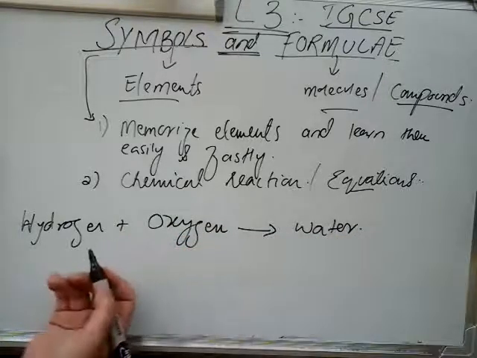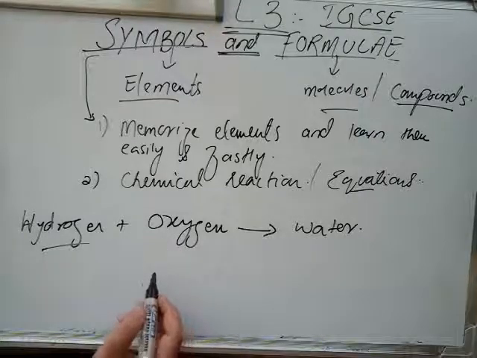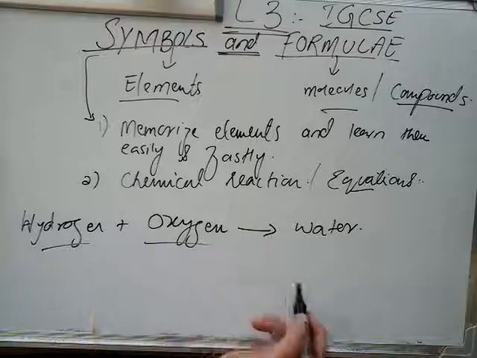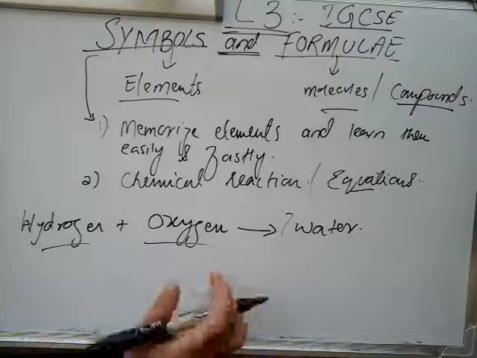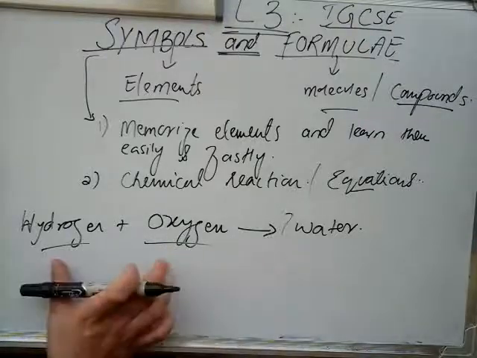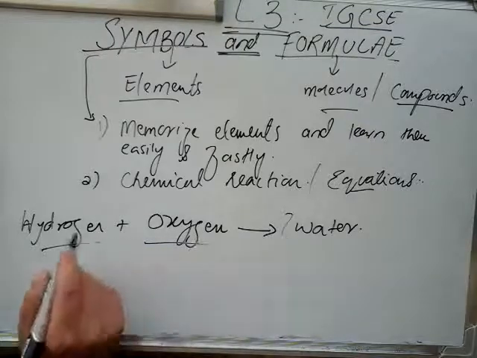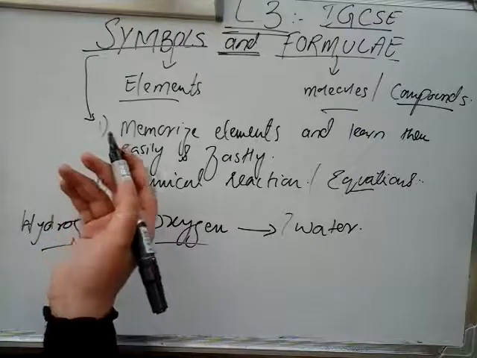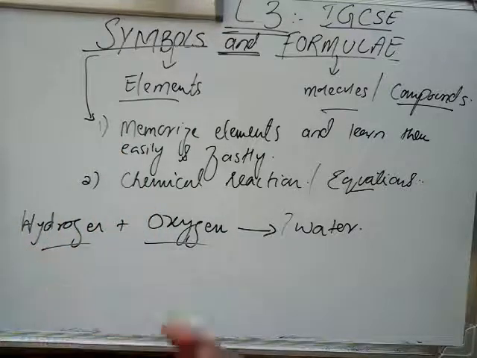So here we do not know how many molecules of hydrogen have reacted with how many molecules of oxygen, and as a result how many molecules of water are formed. In order to know the amount of reactants and products, we usually use symbols. So the basic purpose of symbols is also to understand the amount of reactants as well as products.